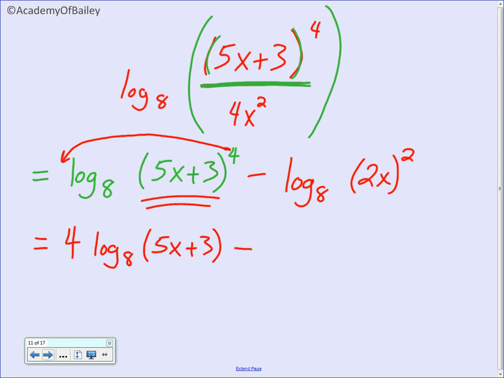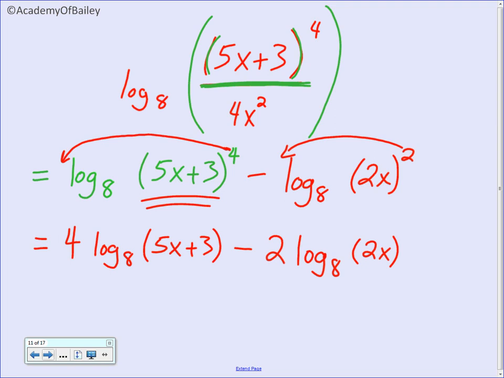There we go. And so now we take this exponent and ship it out front: 2 log base of 8 of 2x. And there we go. That's about as far as we can go with this.